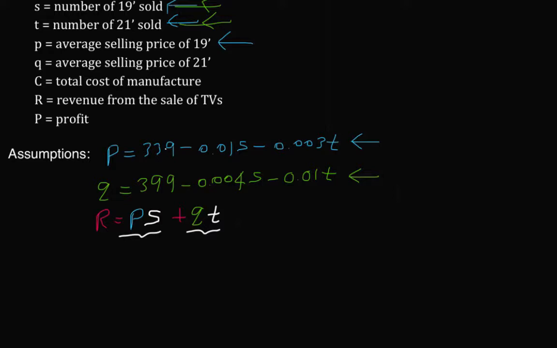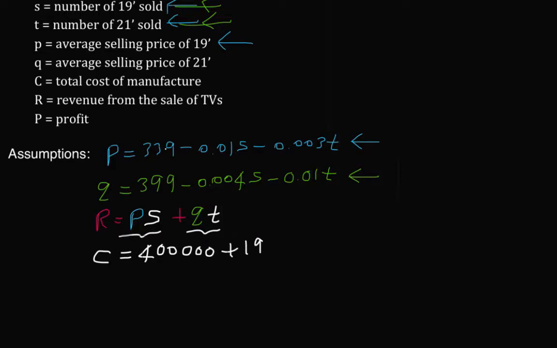Then go to the total cost. See, total cost equals... How do we find the total cost? Go back to the problem again, and we know 400,000 is the fixed cost. The cost for the 19 TVs is 195. Therefore, add 195.